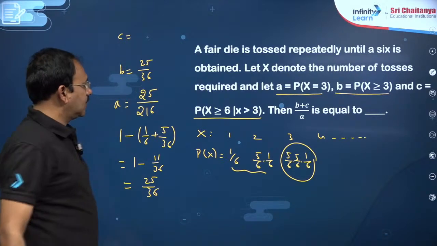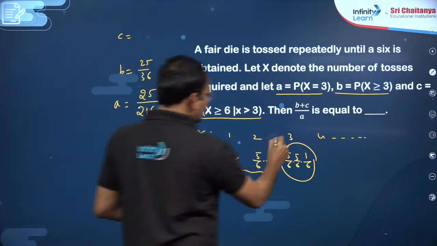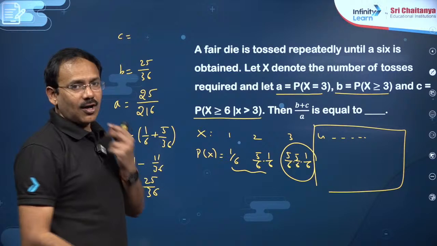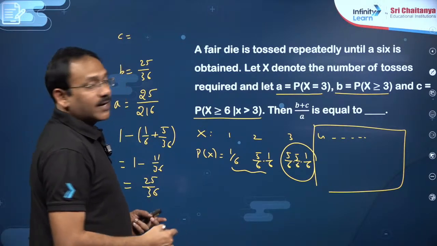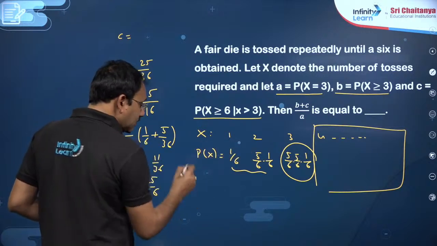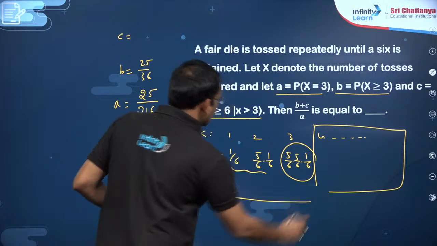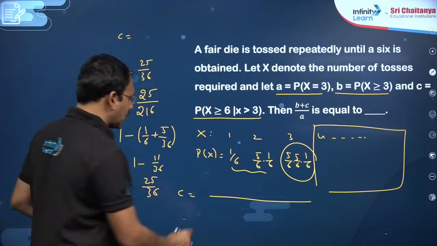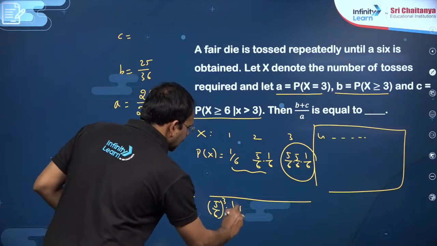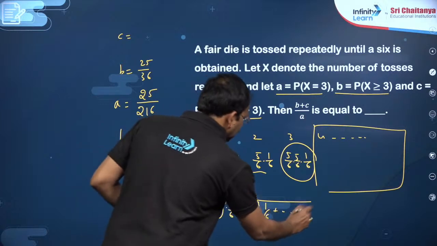Now C, my dear friends, is given that X is greater than 3, which means 4, 5, 6, 7 and so on. In this, you want X greater than or equal to 6. This is what conditional probability is. In the denominator, X greater than 3 means the fourth trial: 5 by 6 whole cube into 1 by 6, 5 by 6 whole power 4 into 1 by 6, and so on.